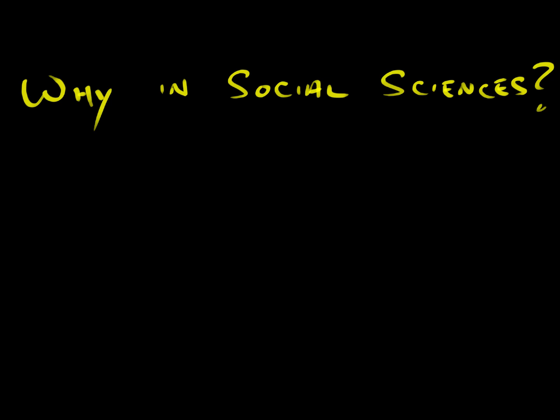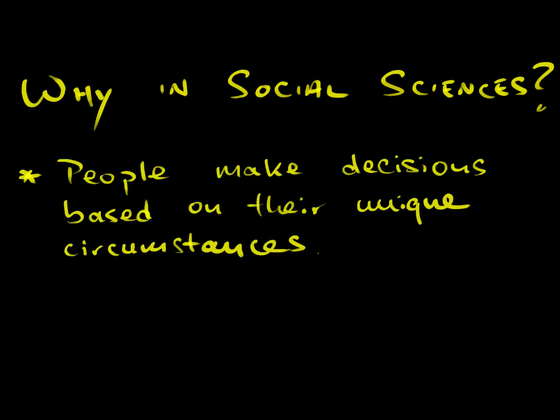So this problem of identifying causality is primarily something that we encounter in the social sciences when we're working with real-world data, okay? Because people make decisions based on their unique circumstances, right? If we're talking about people in the real world, that's what social sciences are.